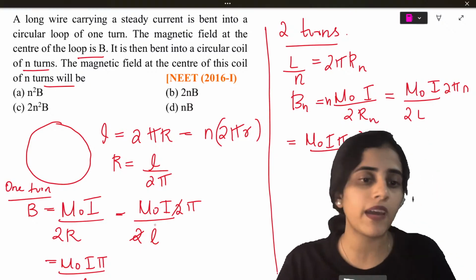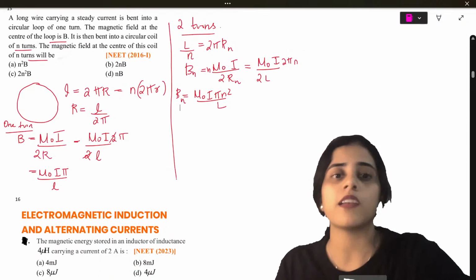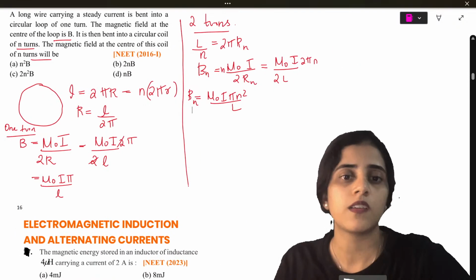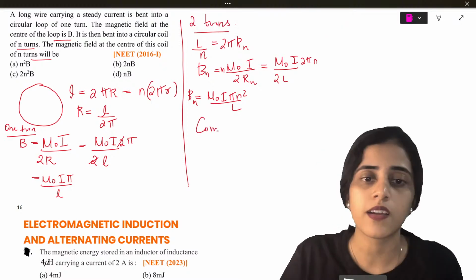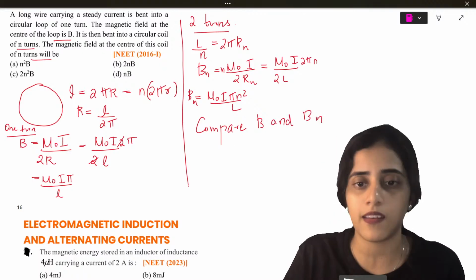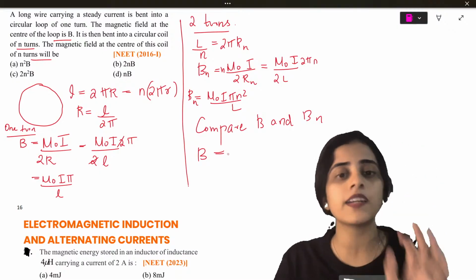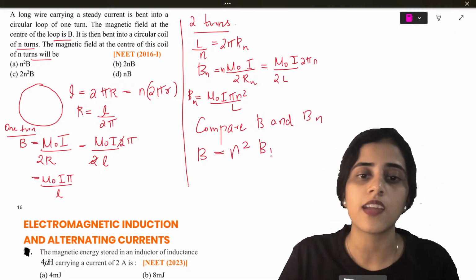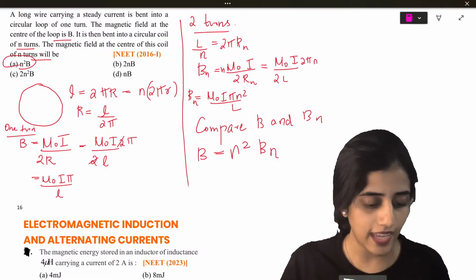Now if you compare B and Bn, what is the only term that's extra? N square times B. So Bn is n square times B, and the answer is going to be option A.